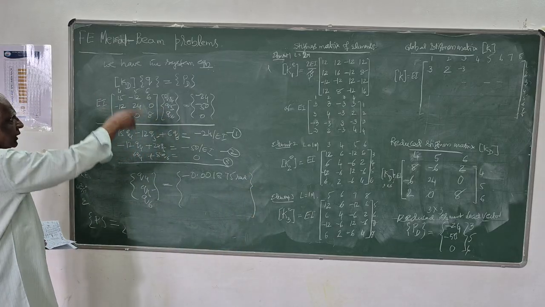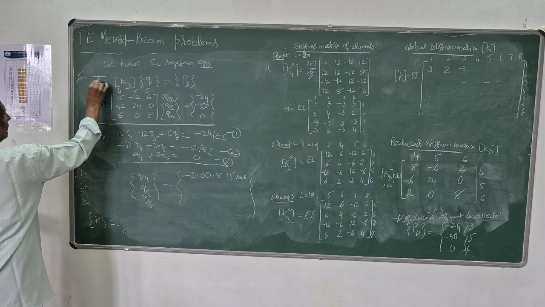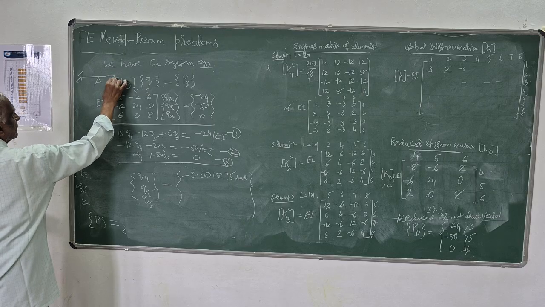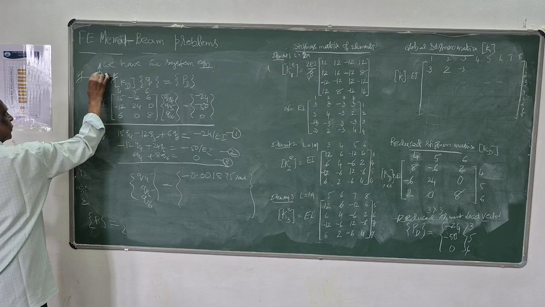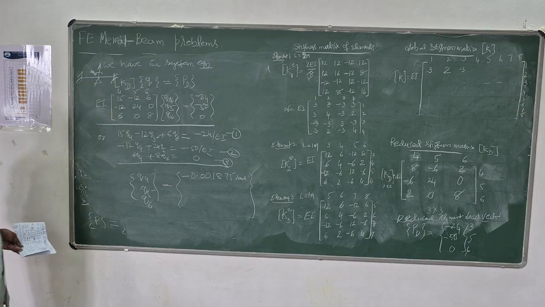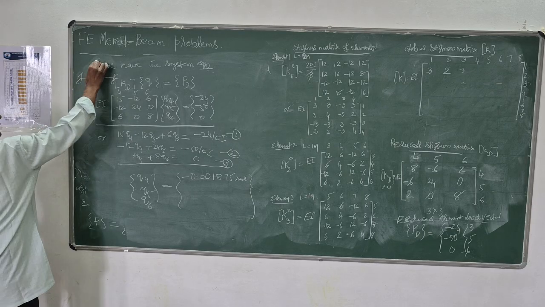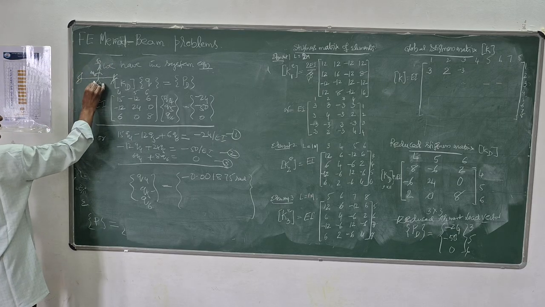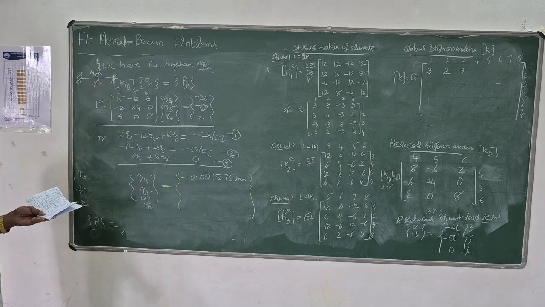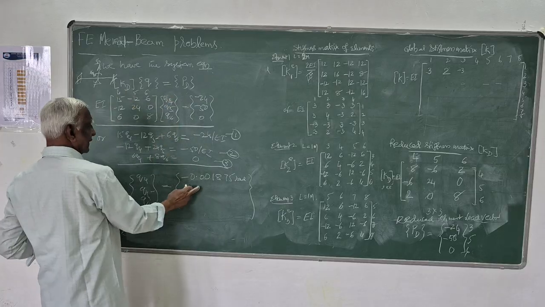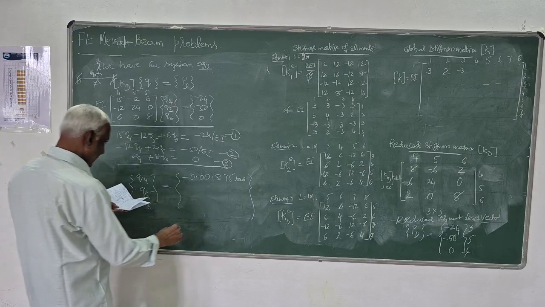Because Q4 is the moment, that is, the rotation there. This is Q3, first node, second node. So the rotation is in radians. Anti-clockwise is positive, so negative means it is in the clockwise direction.